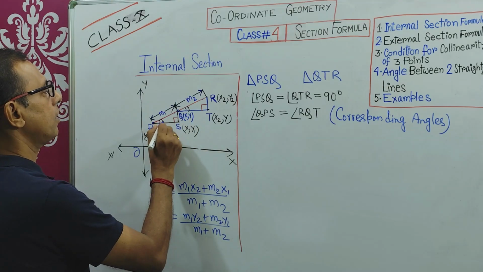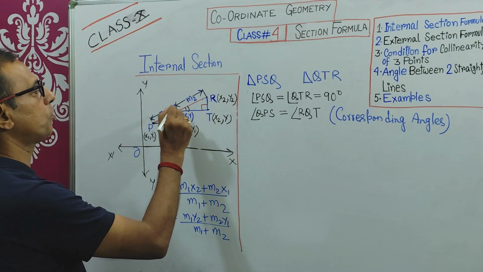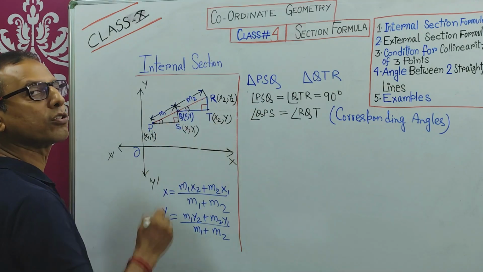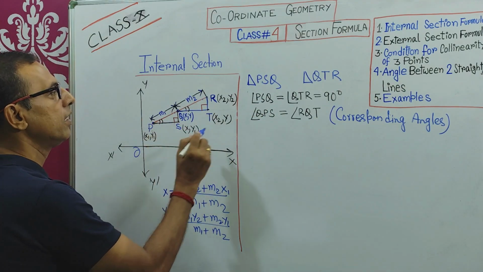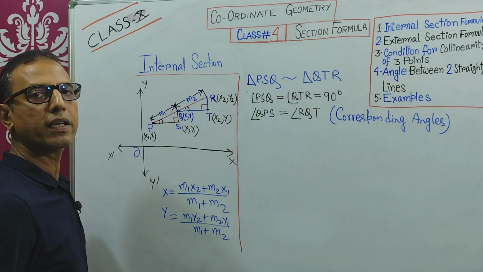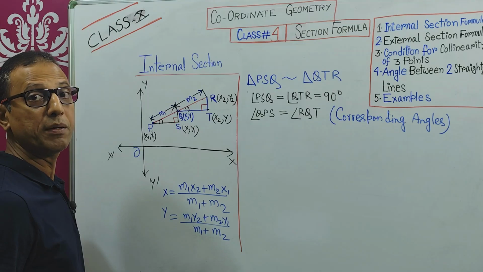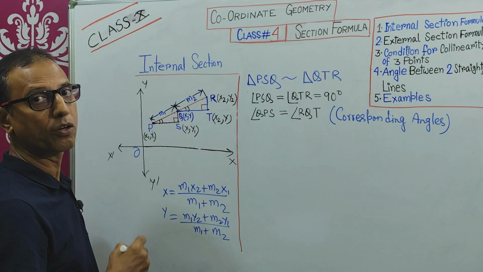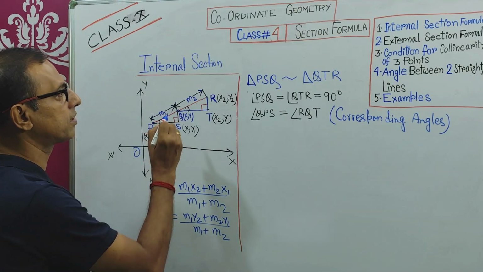Now, for these two triangles, you have already seen two angles are equal, so obviously the third angle will also be equal. That means these two triangles PSQ and QTR are similar triangles, equal in shape but may not be in size.